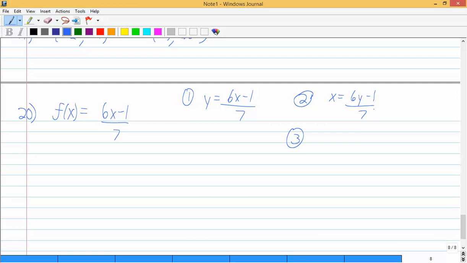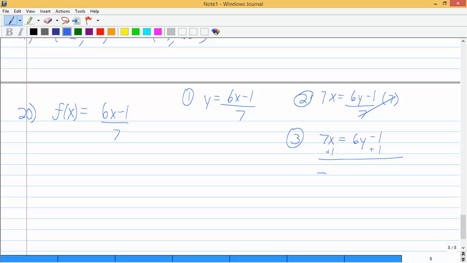Well, this 7 on the bottom is stopping us from doing anything. So the first thing I need to do is multiply both sides of the equation by 7. And that's going to get rid of the 7 here. So I have 7x equals 6y minus 1. Now to solve for y, again, I want to get y by itself. I have a minus 1 here, so move that over.